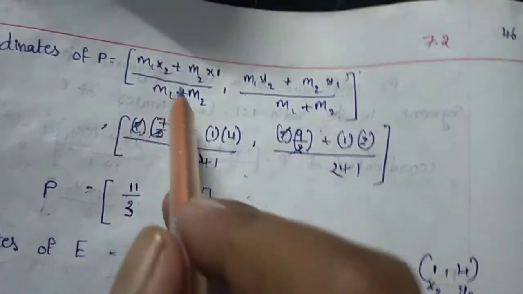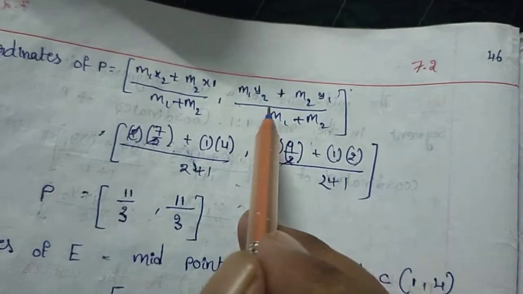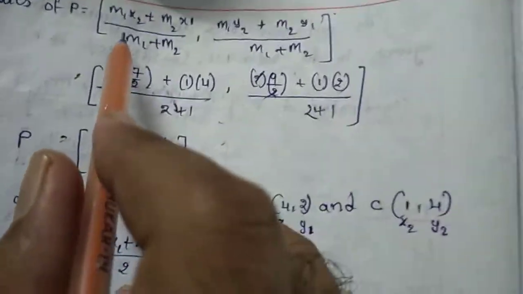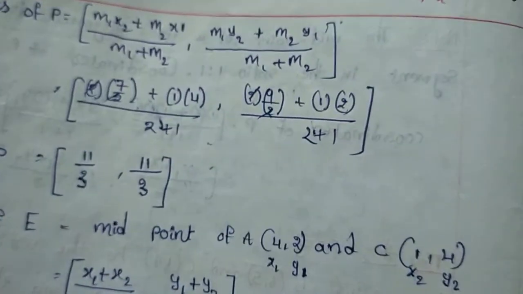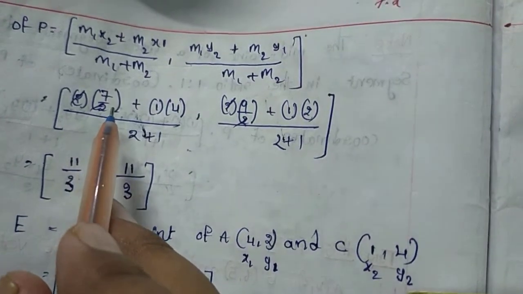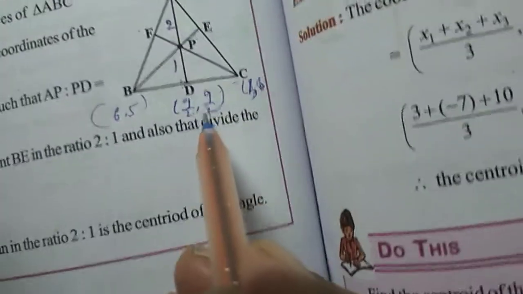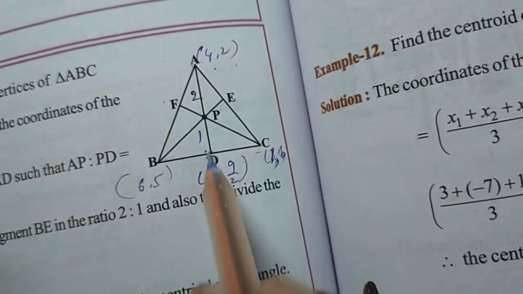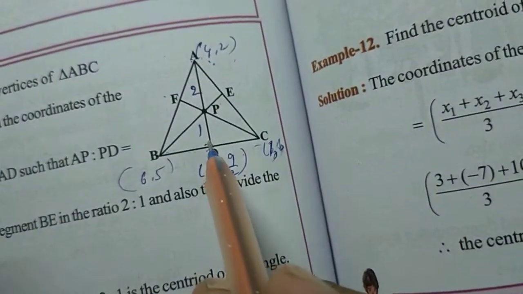Now substitute the values. Here m1 is 2 and m2 is 1. So m1 x2 is 2 into 7 by 2, and m2 x1 is 1 into 4.